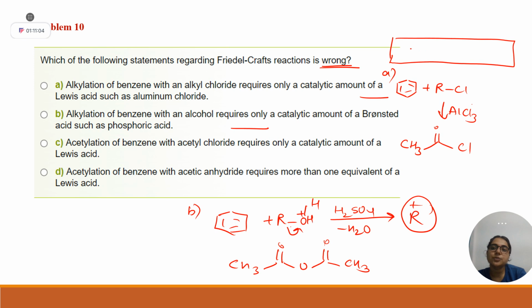Majority goes with which option? Option B, ma'am. B or D? Girls are saying option number B, and boys are saying option number D. Okay. We will check it last.